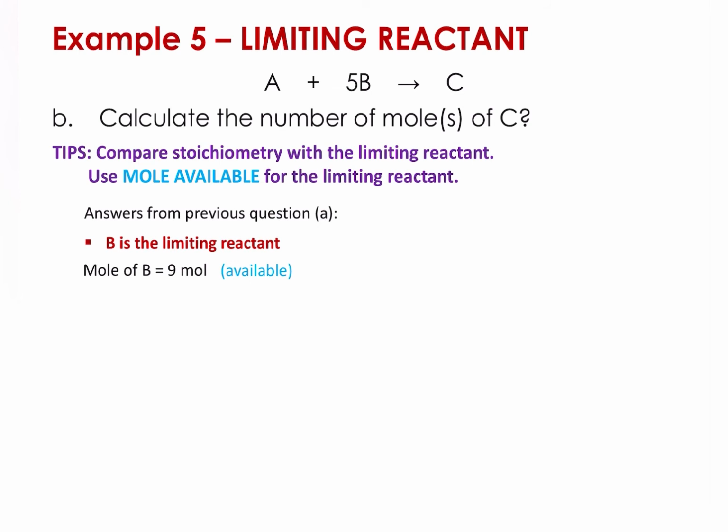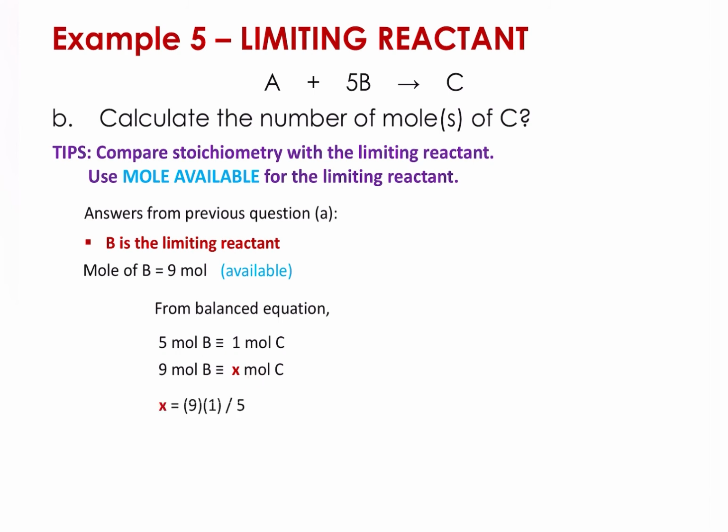So, perkataan yang paling penting bila buat stoichiometry from balance equation, I have 5 mole B from equation and 1 mole C from equation. Itu first line. Okay, next one. I have 9 mole B dan X mole C yang saya nak cari.